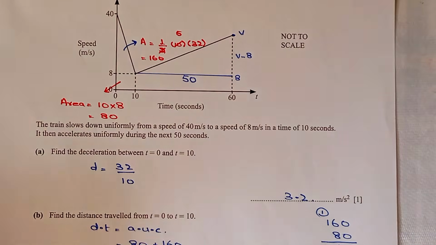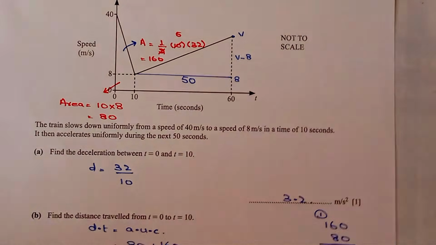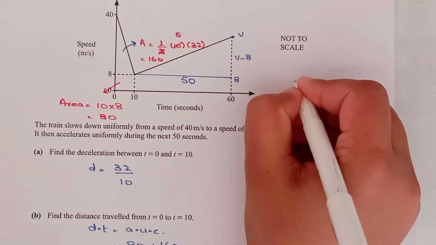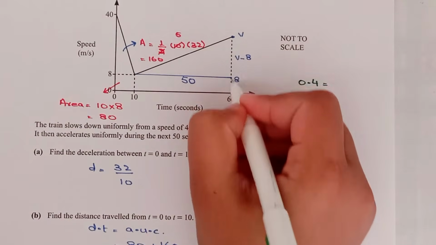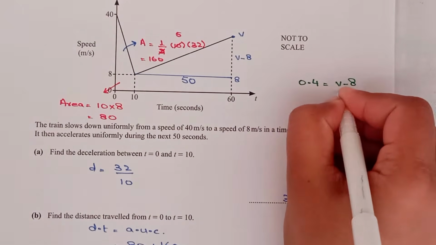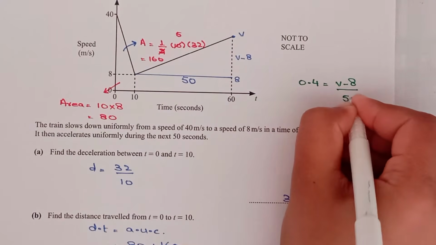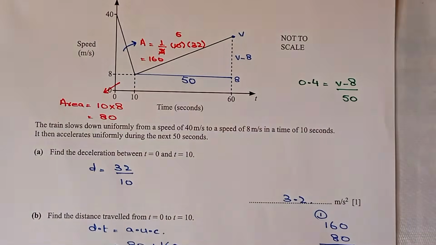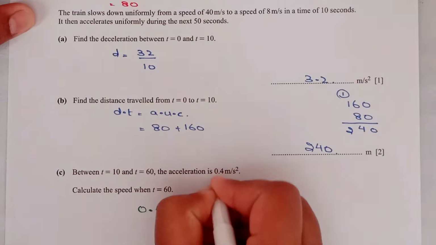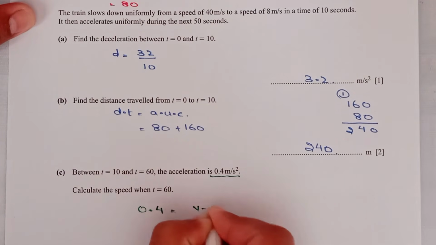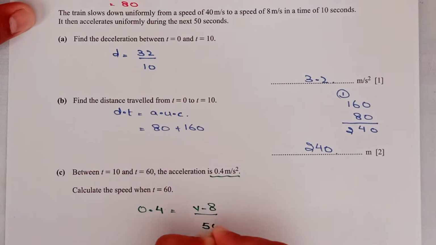So acceleration is given to us. The formula for the acceleration is basically equal to the gradient. So acceleration 0.4 would be equal to the change in y, that is v minus 8, over the change in x, that is 50, right? Now we can do a cross multiplication. By doing a cross multiplication, 50 times 0.4 would be equal to v minus 8.